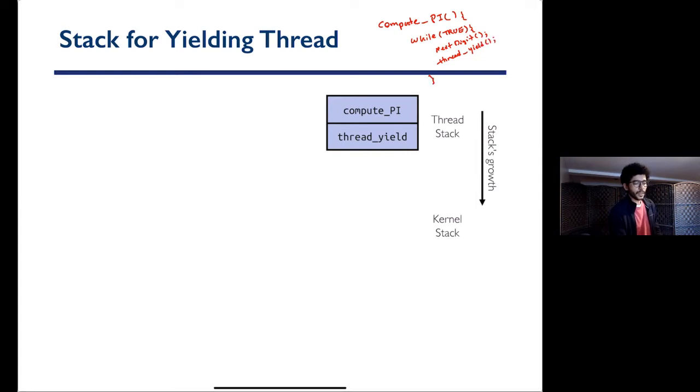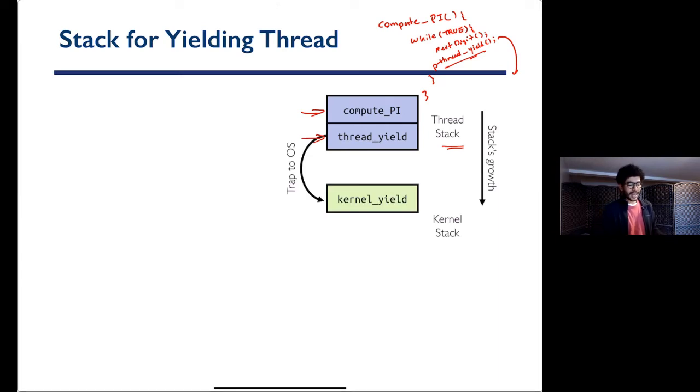So on this user stack, I have the compute pi stack frame, and then I have the thread yield stack frame. Now, you can say pthread yield or thread yield, it doesn't matter. This is a library function that's going to then call the kernel yield, which is the system call, to context switch, right?